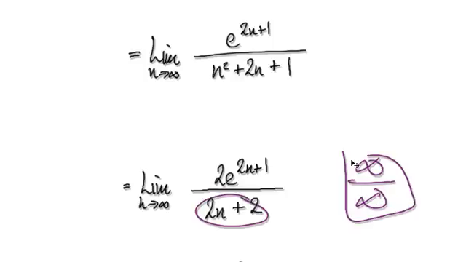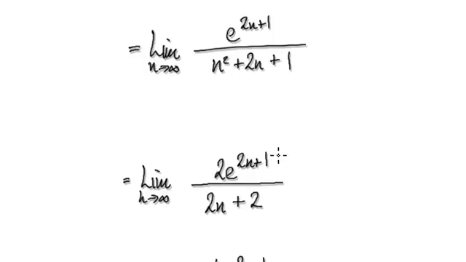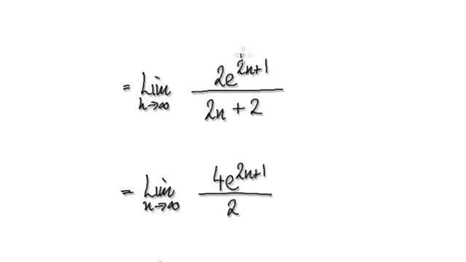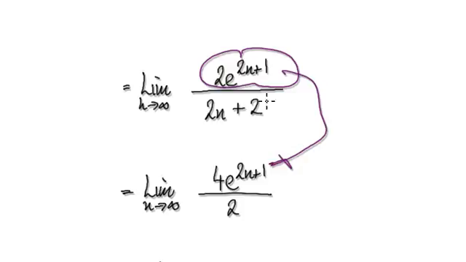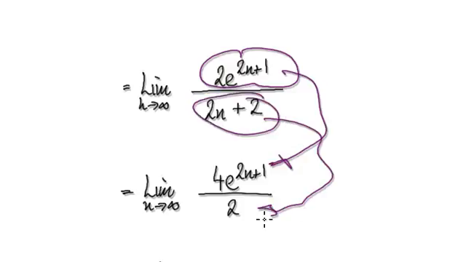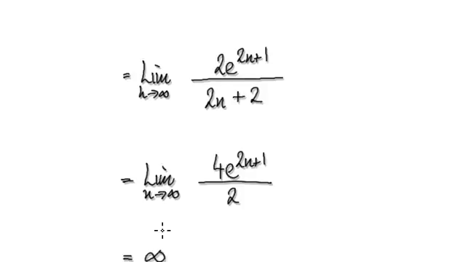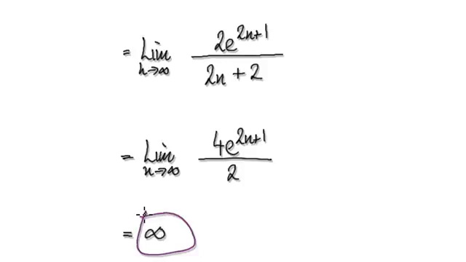You've got infinity over infinity, which is an indeterminate form, so you can apply L'Hopital's rule. Differentiate the top, that will give you this. Differentiate the bottom, that will give you this. Now as n heads towards infinity, both head towards infinity again, infinity over infinity, so you can apply L'Hopital's rule again. Differentiate this, differentiate this. Now you can see that the limit heads towards infinity.